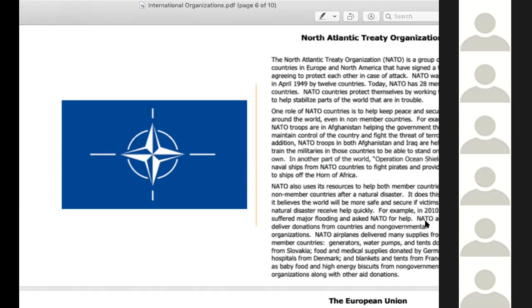NATO airplanes delivered many supplies from member countries. Generators, water pumps, and tents donated from Slovakia. Food and medical supplies donated by Germany, field hospitals from Denmark, and blankets and tents from France, as well as baby food and high energy biscuits from non-governmental organizations, along with other aid donations.